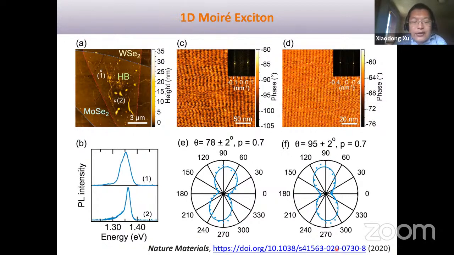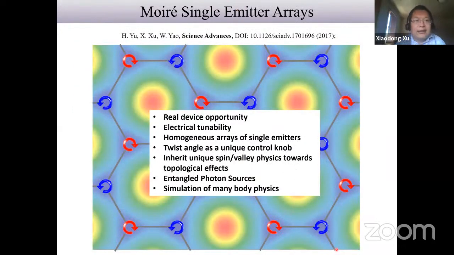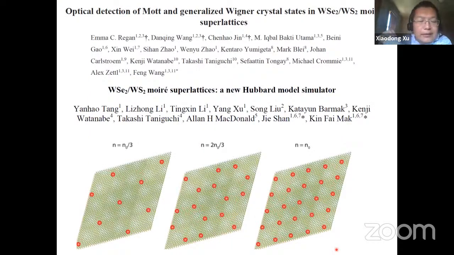So the key feature is that by controlling some Moiré geometries, the Moiré exciton will behave very differently. And I'm going to skip this one. I think the last thing I want to mention is the new development. As I mentioned, once we have these Moiré superlattice potentials, you can start to trap these charges in these periodic structures, and we can use it as a simulator, just like people did in these atomic systems.